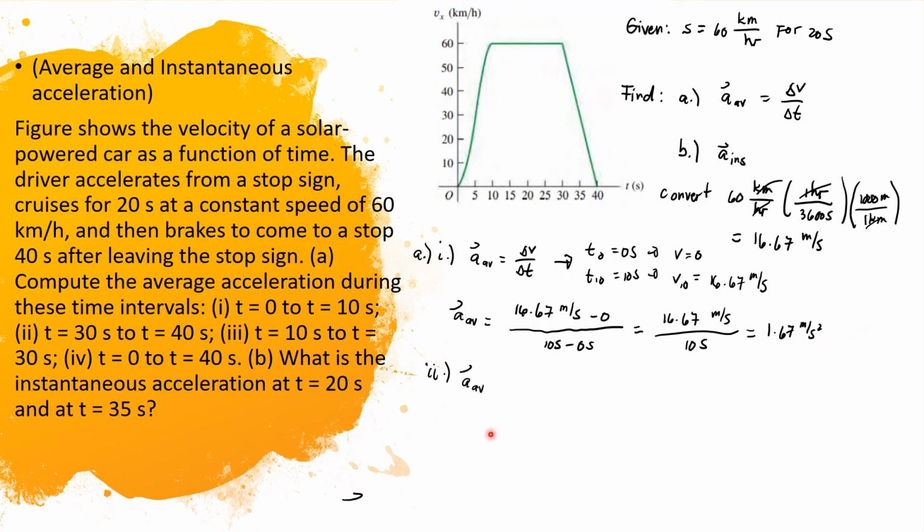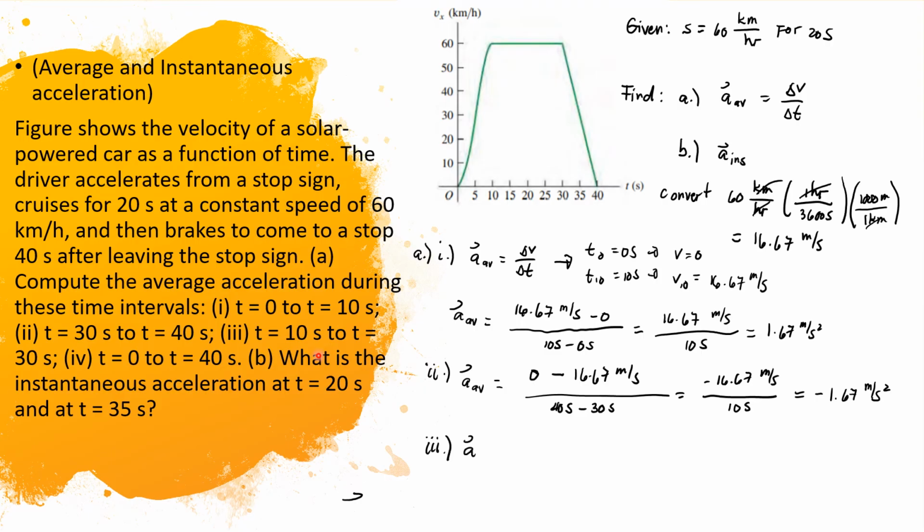Next is for the time interval 30 to 40 seconds. So at 30 seconds, the velocity is 16.67, and at 40 seconds, we have 0. So we have 0 minus 16.67 over 40 seconds minus 30 seconds. So we have negative 1.67 meters per second squared.